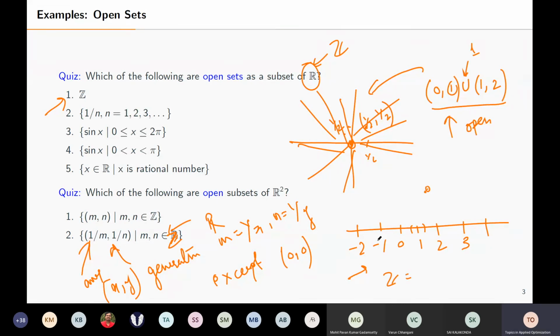So our parent space is Z, so we have no view of the real numbers. We forgot the real numbers. We are just thinking of neighborhoods in Z now. So 1 minus epsilon and 1 plus epsilon.